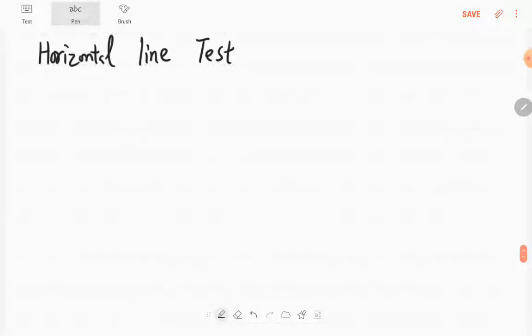This test is used to identify a curve is a function or not.